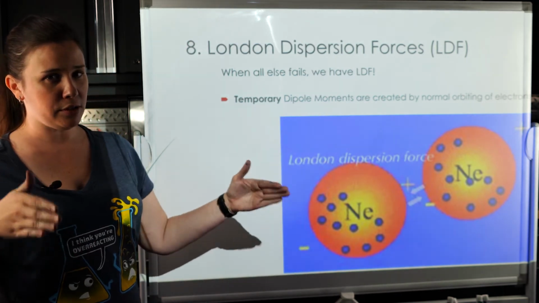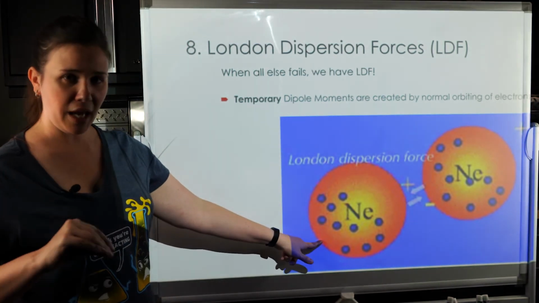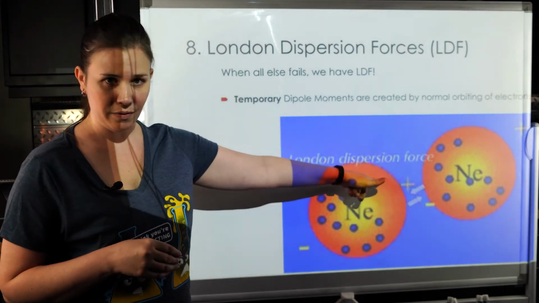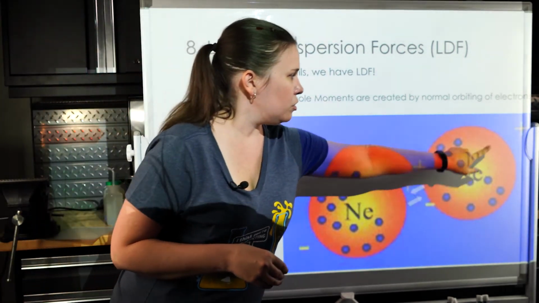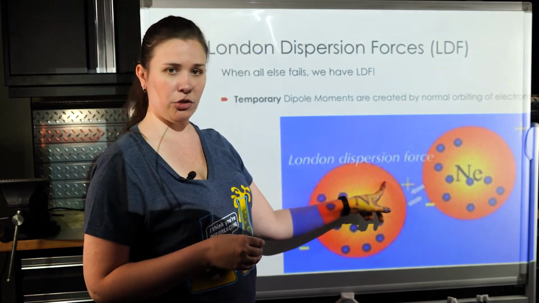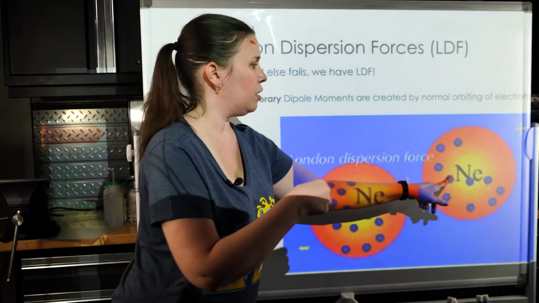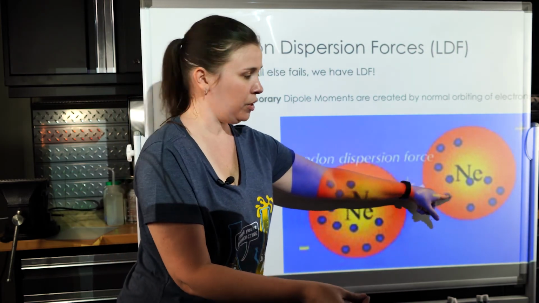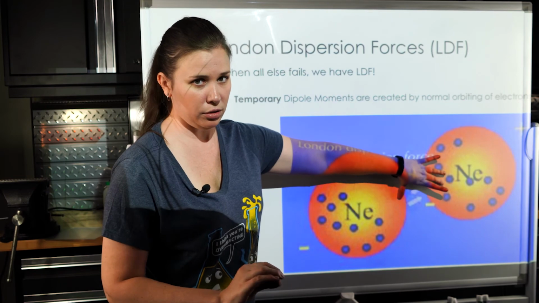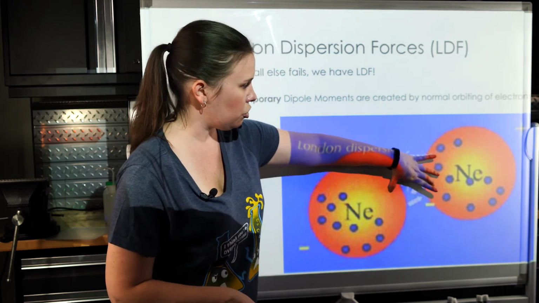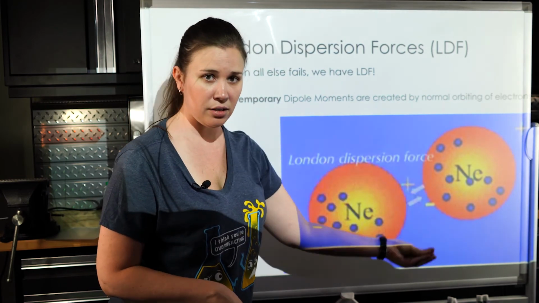During that instant, that part of the atom would be more negative than the other part. If this happens in two separate atoms, you would have a partially positive part of one atom and a partially negative part of another atom. And those very temporarily charged parts would attract.